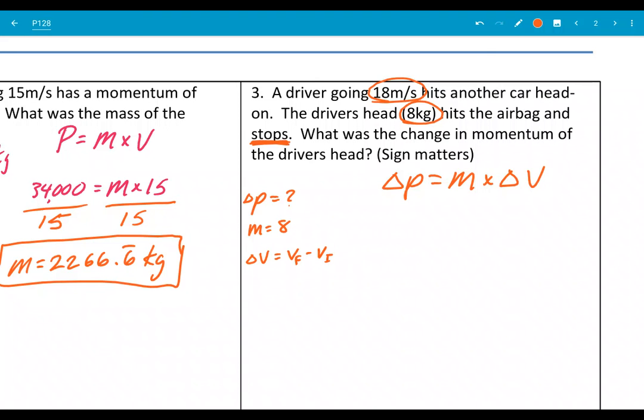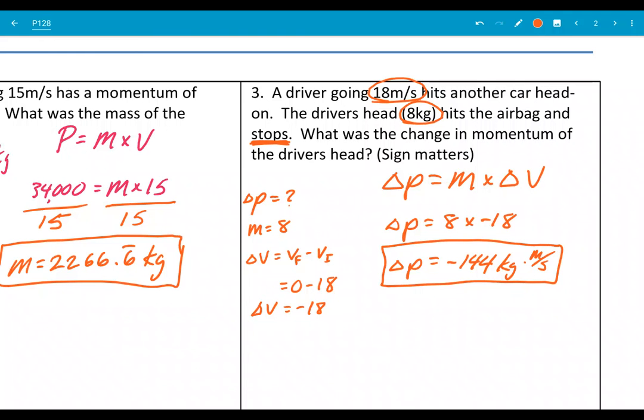So in this case, our final is 0 minus our initial, which was 18. So our change in velocity is negative 18 because we slowed down 18. When we make our substitutions, we get delta P equals 8 times negative 18, which works out to be negative 144 kilograms times meters per second.